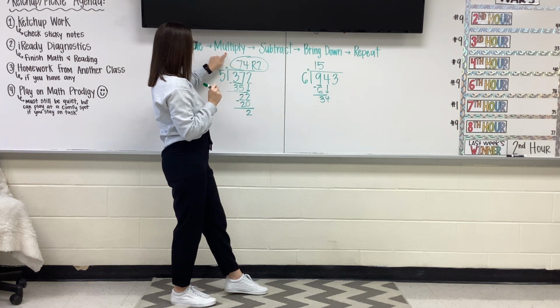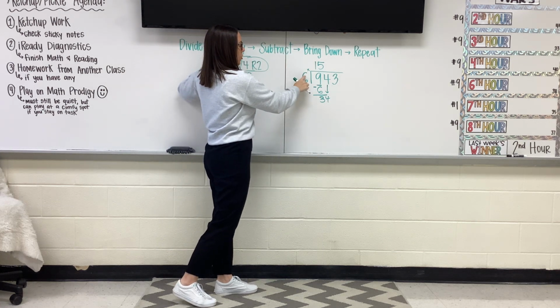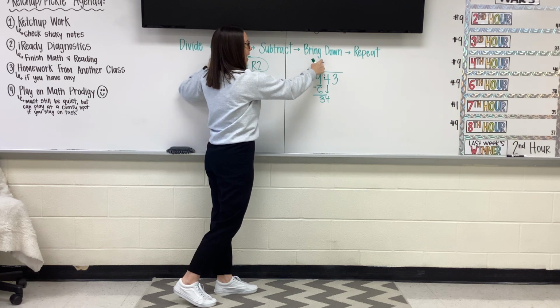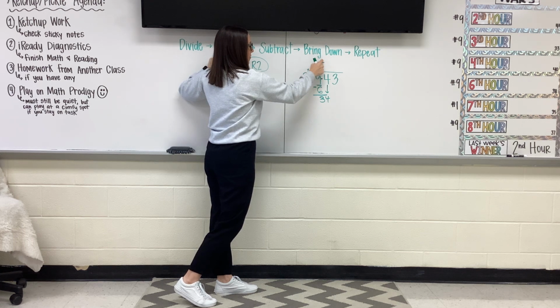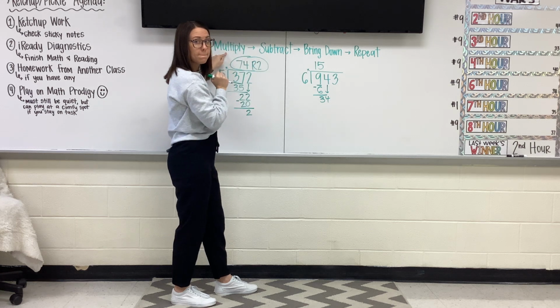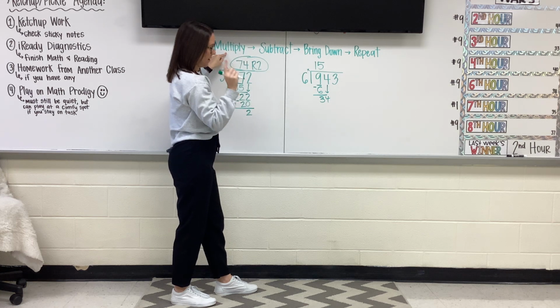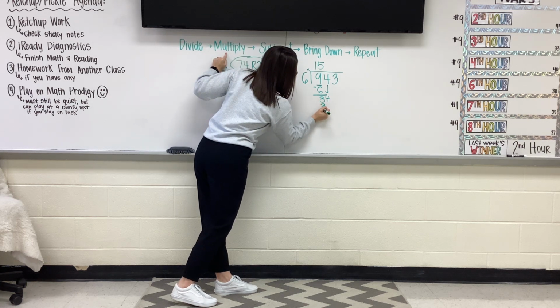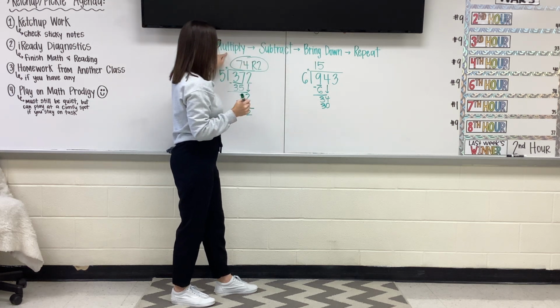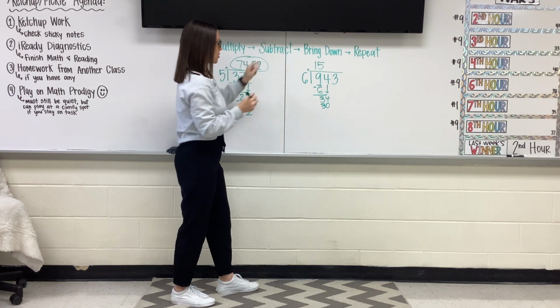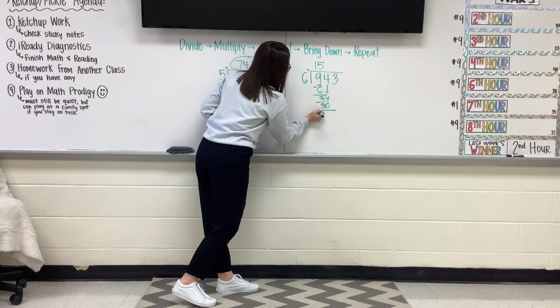Next, I'm ready for multiply. So remember, I'm doing 6 times 5. 6 times 5 is 30. Writing it underneath, because I know up next is my subtraction. So I'm going to subtract these.